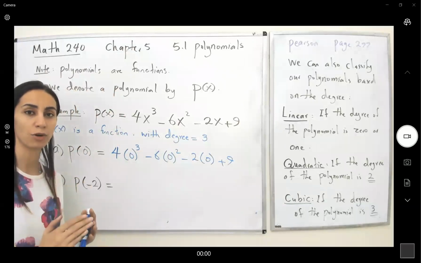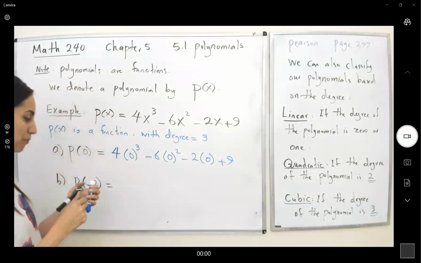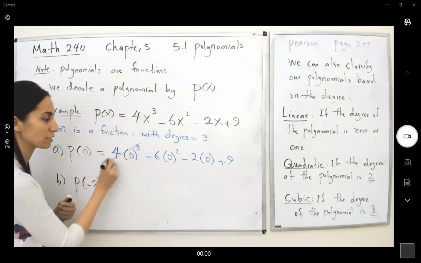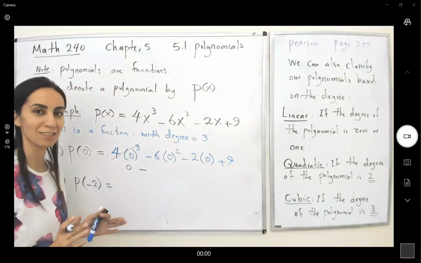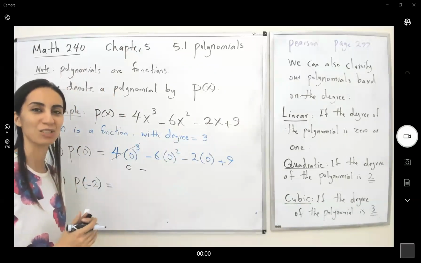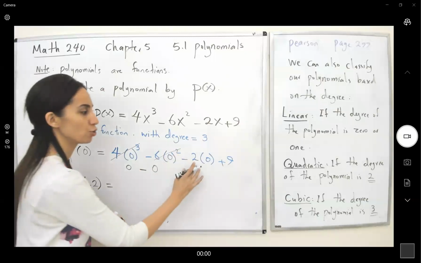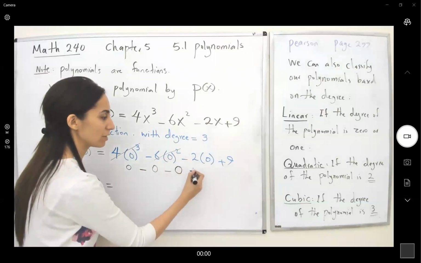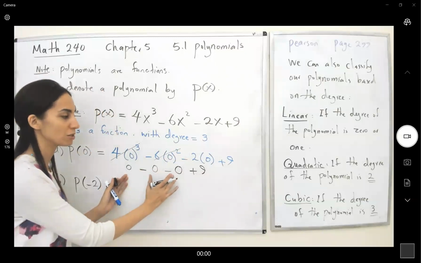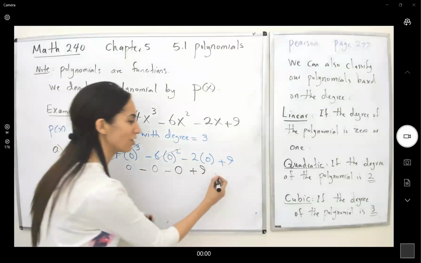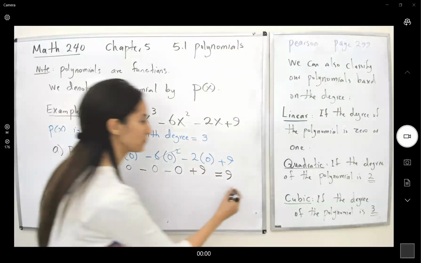It is 0 times 0 times 0, which is equal to 0. 4 times 0 is actually 0. Minus 0 raised to 2, it's not 2, it's 0 times 0, which is 0. 0 times 6 is 0. 2 times 0 is 0, and we have the constant 9. 0 minus 0 is 0, 0 minus 0 is 0, 0 plus 9 is equal to 9. This is your y value.